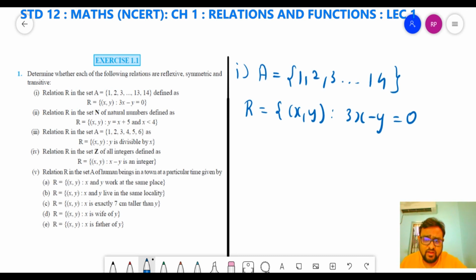Now see here, if it is reflexive, then (1, 1), (2, 2), (3, 3), (4, 4) must belong to it. See here, this is the relation 3x minus y, that means 3x is equal to y.